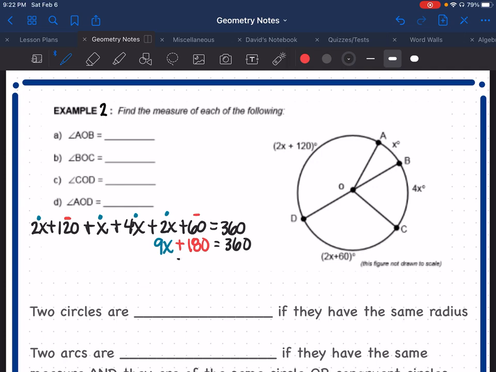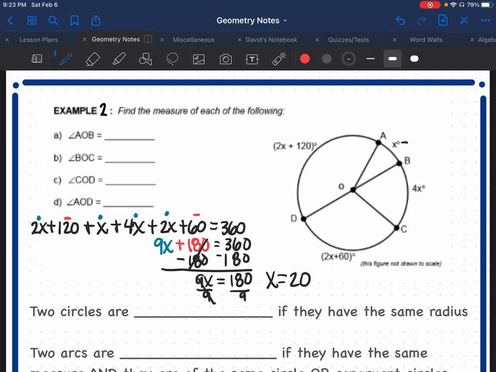I'm going to go ahead and subtract the 180. I'm just solving for x. Bring down the 9x equals 180. I'm going to divide both sides by 9. X equals 20.